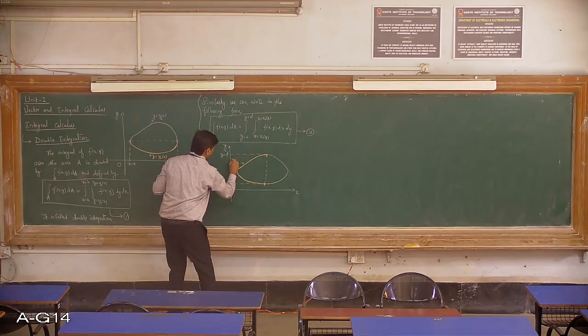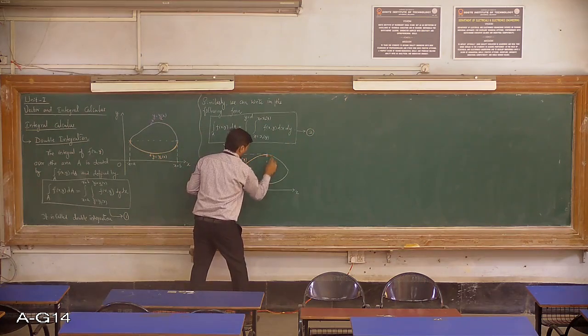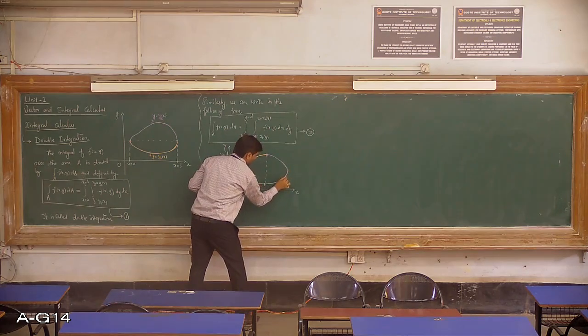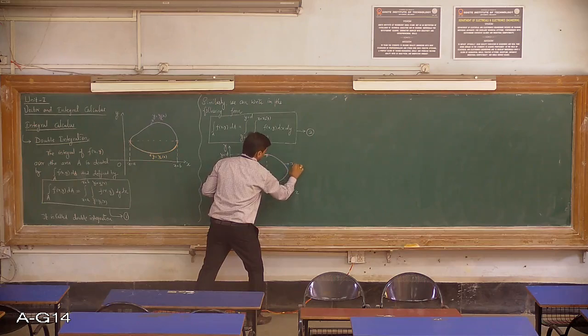So we can call it x equals x1 of y. In the similar way, from this particular point to this particular point, this curve will come, so we can call it x equals x2 of y.